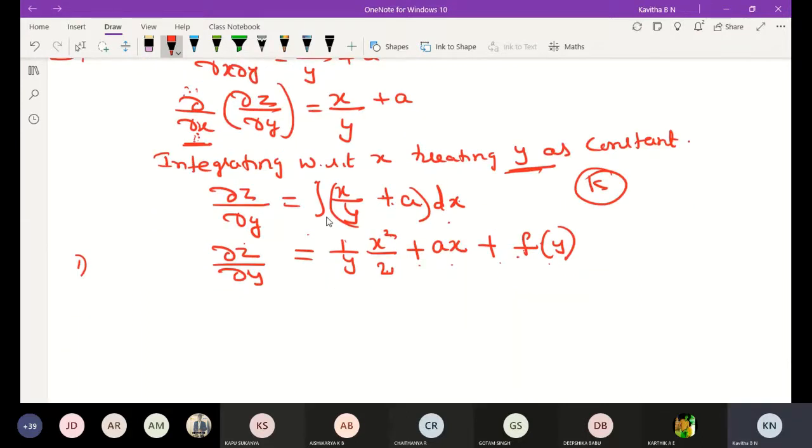Then del z by del y is equal to x square by 2y plus ax plus f of y.